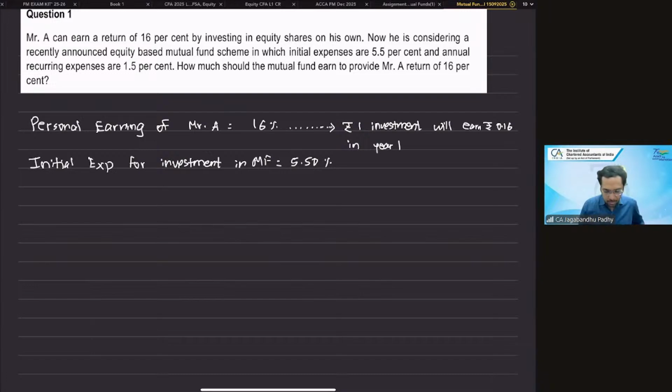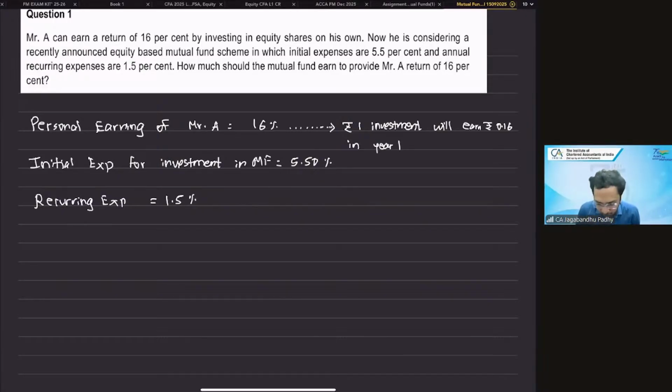Okay. But apart from that, it's not the case that only the initial expense is going to be involved. We are also going to have a recurring expense. Every year, we are going to have a recurring expenditure of 1.5%.